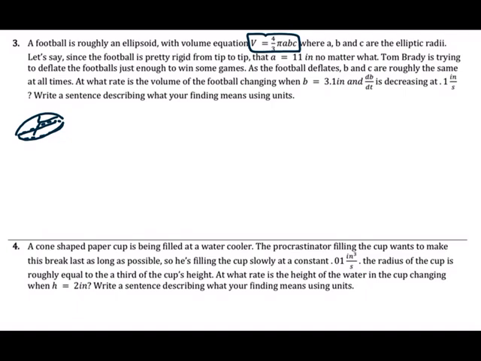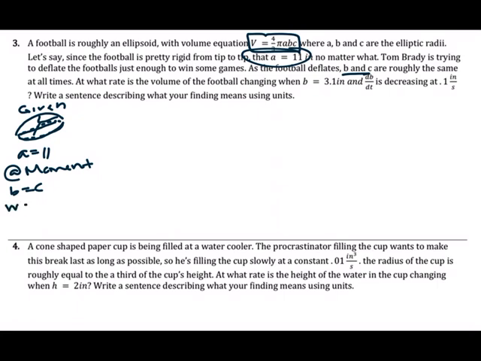Say that the football is pretty rigid from tip to tip, meaning that it's not really changing its dimensions, and that A is equal to 11 no matter what. So all the time, the A radii is 11. Tom Brady is trying to deflate the footballs just enough to win some games. As the football deflates, so at the moment we care about, we're being told that B and C are roughly the same.